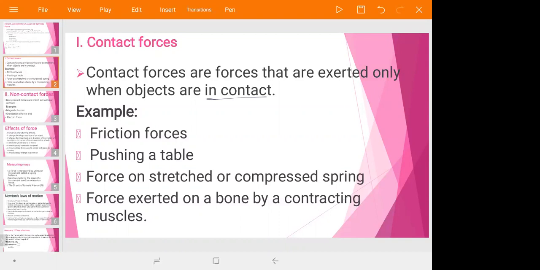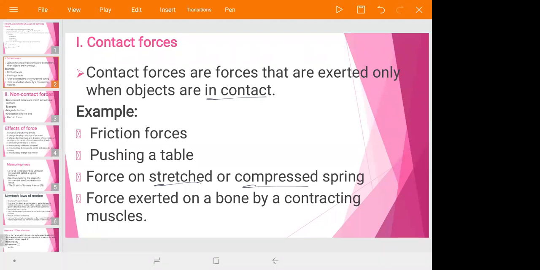Force exerted by a compressed or stretched spring is a type of contact force, and so is force exerted on a bone by contraction of muscles. When the muscle contracts, it exerts a contact force on the bone. Therefore, contact forces are exerted only when bodies are in contact.